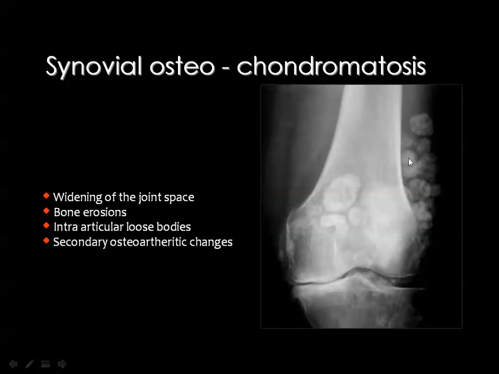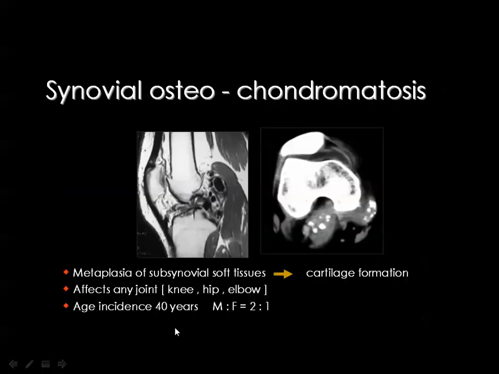The presence of these loose bodies may cause widening of the joint space and may result in bone erosive changes, and will accelerate the development of osteoarthritis. This synovial metaplasia will result in cartilage formation, and cartilage will later on calcify. The lesions are common in the knee, hip, and elbow, and this is the age incidence and the sex incidence as well.